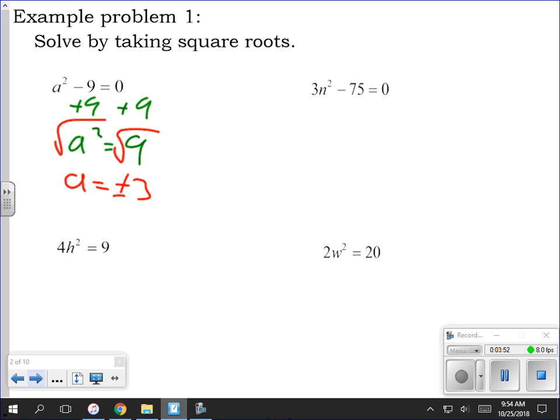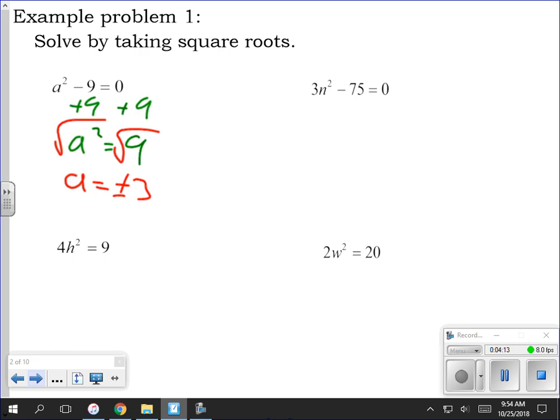Because not only does 3 work in that problem, but so does negative 3. When we solved this the other day by factoring, we got plus 3 and minus 3 both as an answer. You must have plus and minus. If you do not have the plus and minus, it will be wrong.